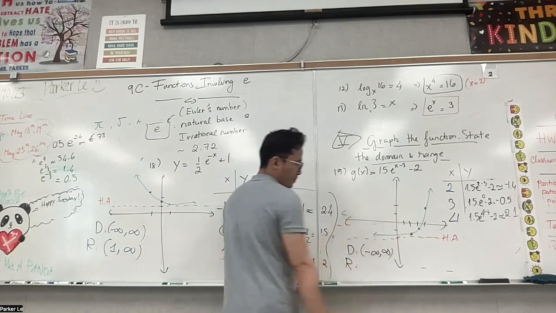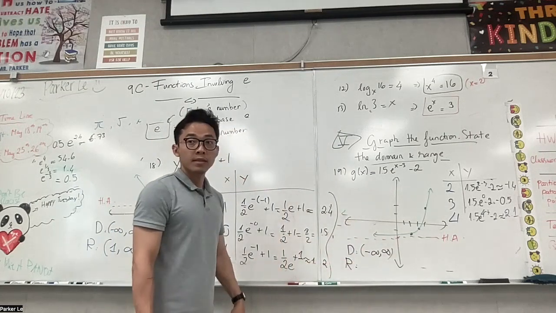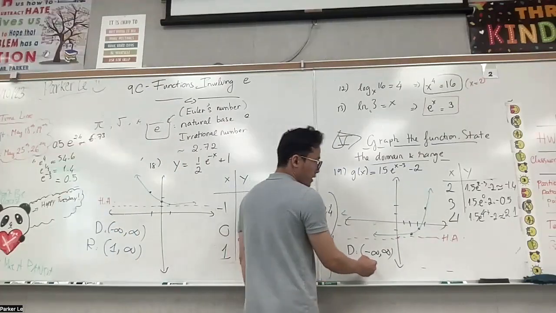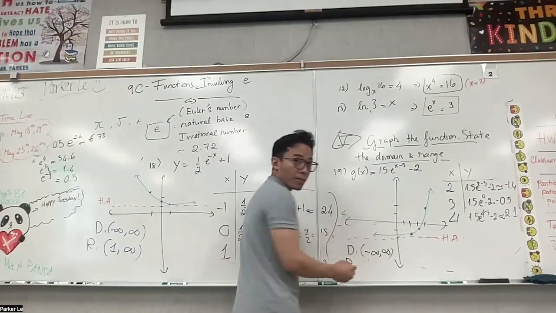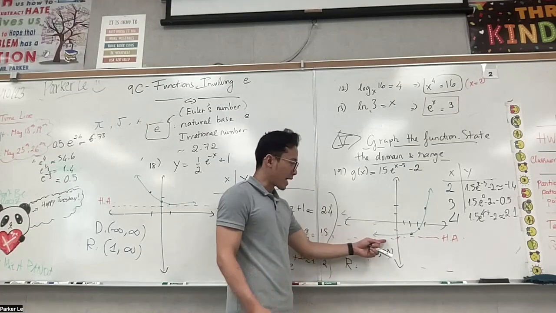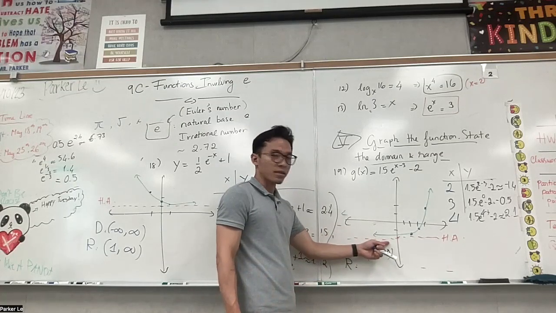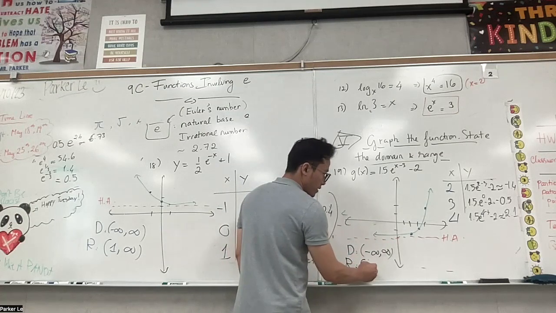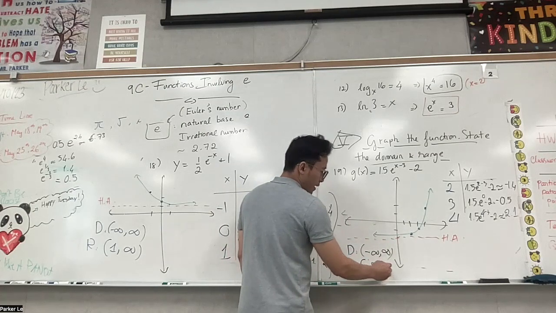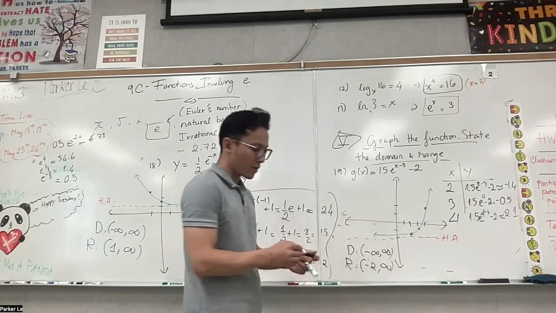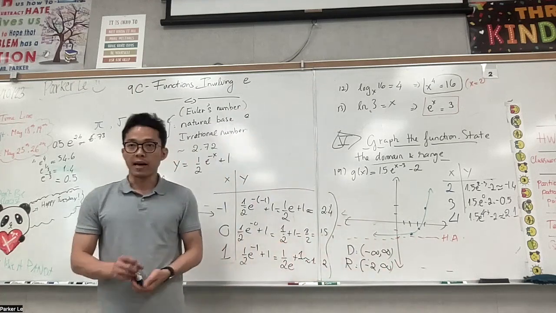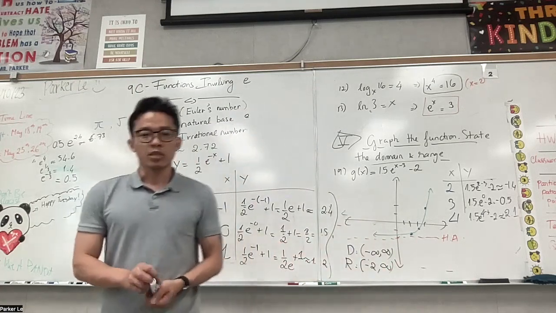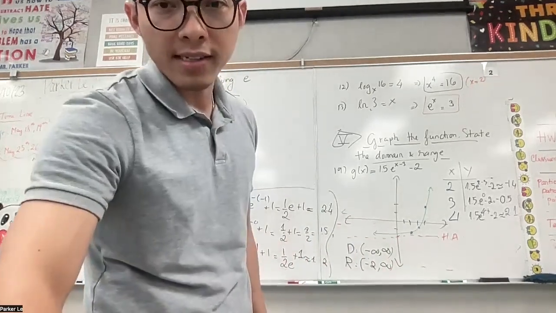What is the range? Negative two. Is it parenthesis or bracket? Parentheses. Can they ever cross the line? No, right? They can never touch the line. So it's just parenthesis, negative two to the infinity. Very good. 1 point for Hayden, 1 point for Andrea. Are we good? So that concludes our lesson for 9C.